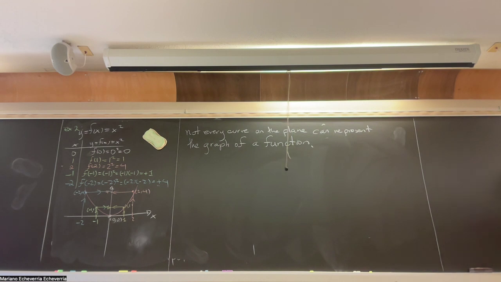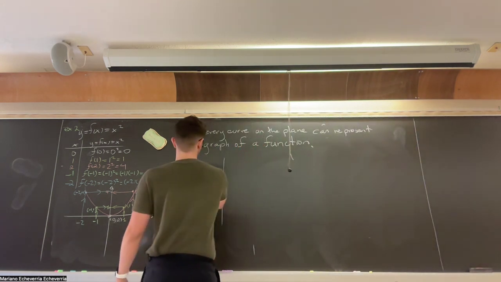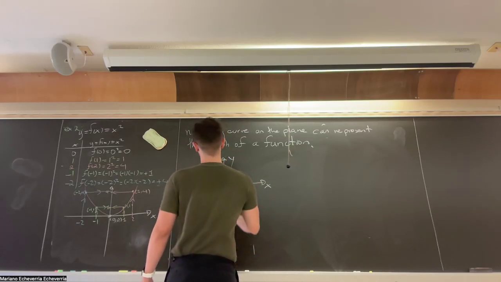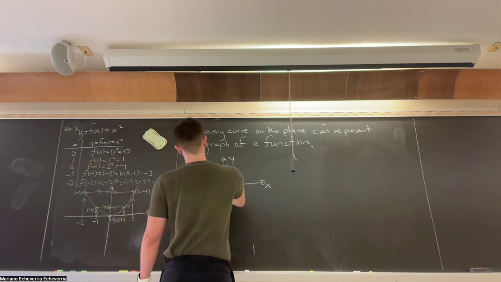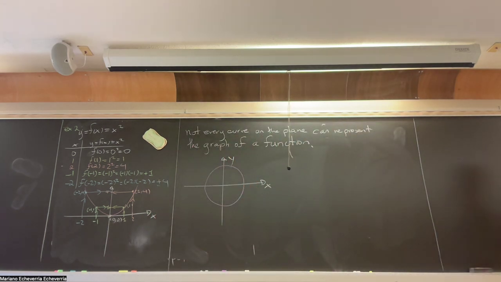So let me draw first a curve that doesn't work, and then I'll write explicitly the vertical line test. For example, if you have something like a circle, what is the issue with the circle?